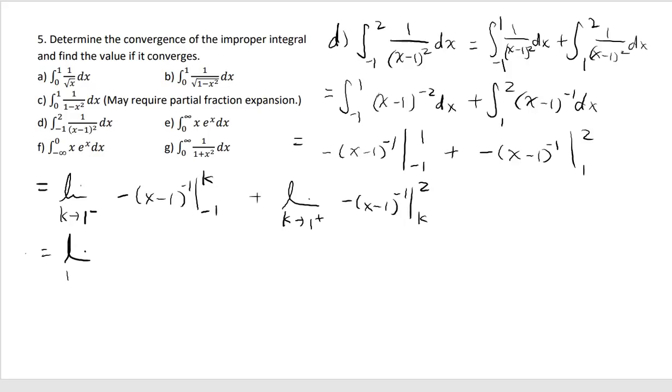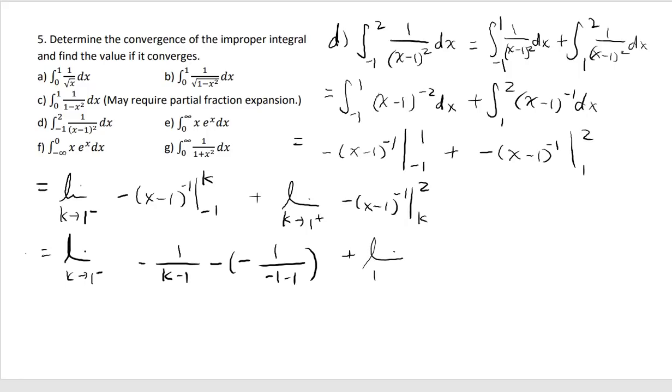That means limit k going to 1 minus. Let me rewrite this as 1 over x minus 1, because negative 1 part is that. And in there, k is replacing x, so I end up with 1 over k minus 1 minus negative 1 over, this time it's negative 1 minus 1.